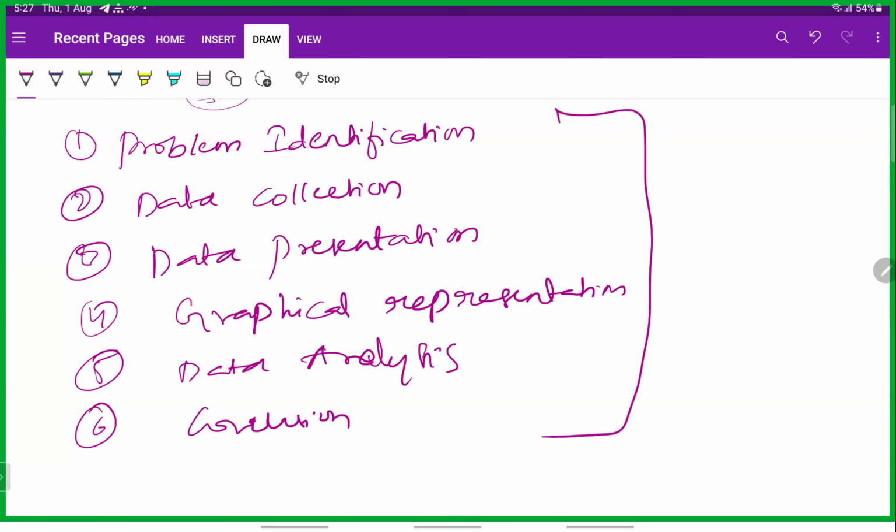These are the steps which are used for data handling.